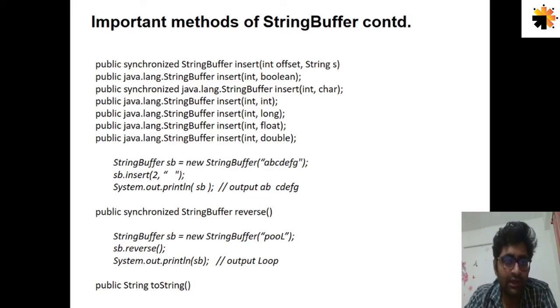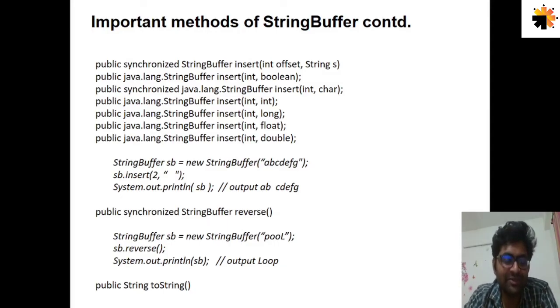I have other methods, like insert is another method I have for StringBuffer. Insert method is used when I want to insert a particular character at a particular position. So I can see the first StringBuffer object is created, StringBuffer sb equals new StringBuffer of A, B, C, D, E, F, G. So I have a new object which is A, B, C, D, E, F, G, and I am trying to insert a space at second position.